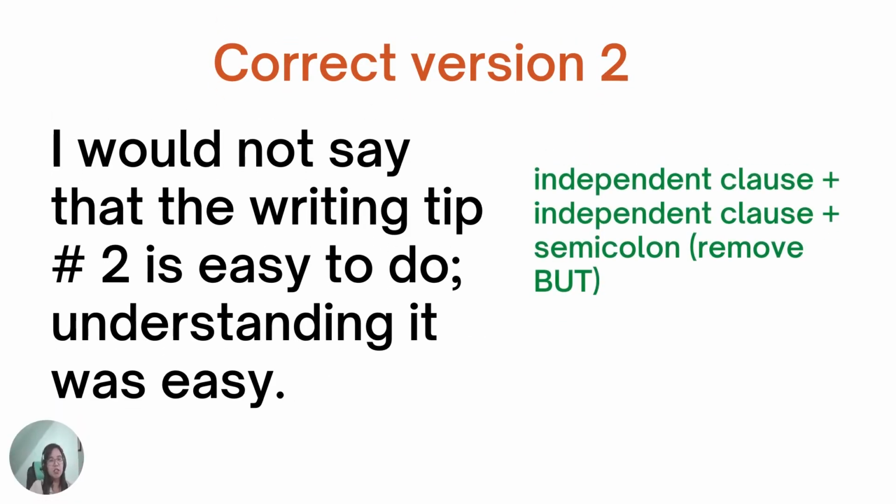So correct version number 2. Since we have two independent clauses, we can also use a semicolon, but we need to remove the but. I would not say that the writing tip number 2 is easy to do, semicolon, understanding it was easy.